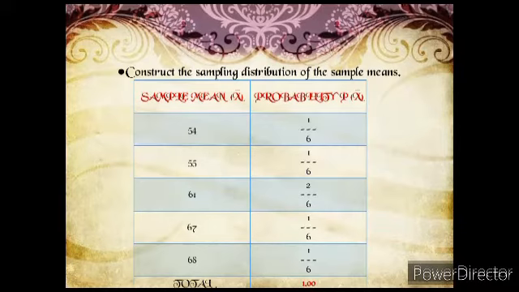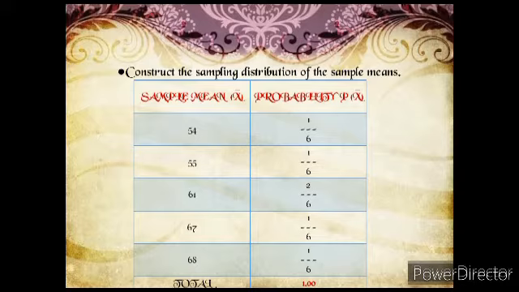After listing all possible samples and their corresponding means, let's now construct the sampling distribution of the sample means. In the table, there are 2 columns. The first column contains the sample means, while the second column contains their probabilities.